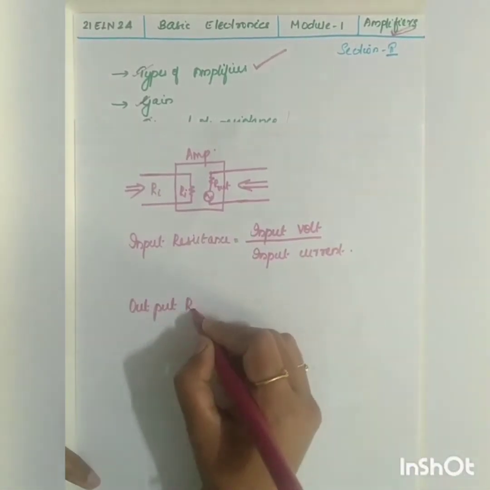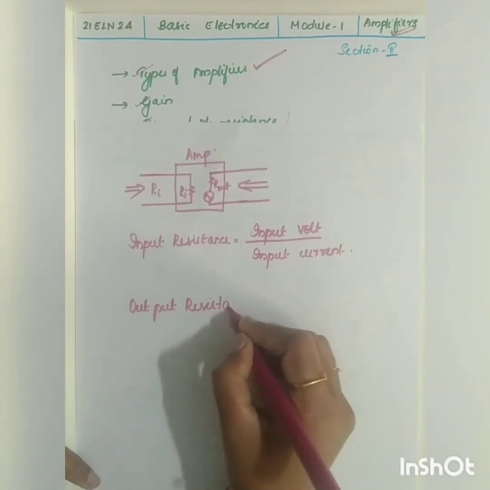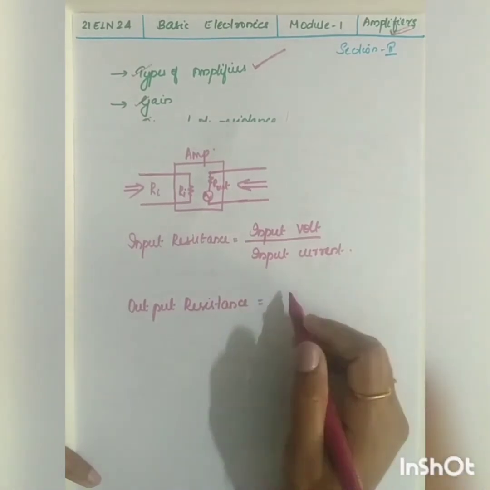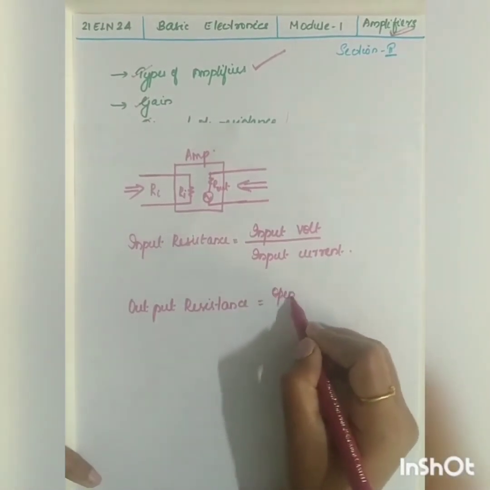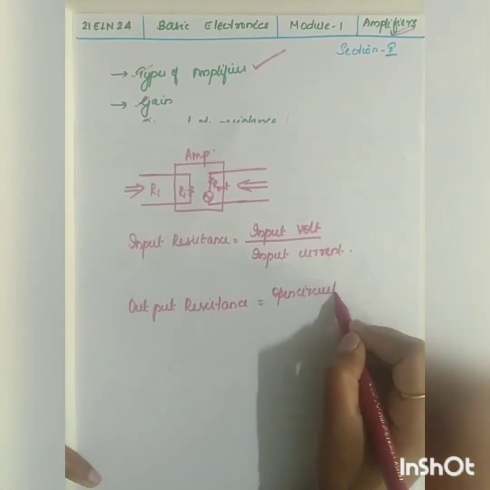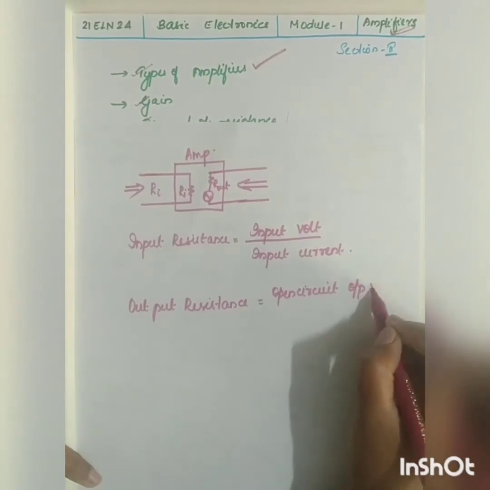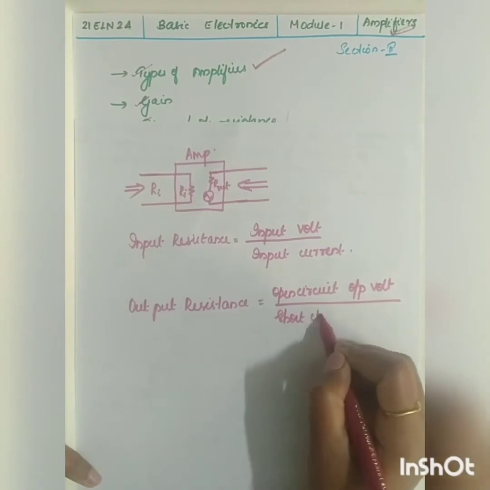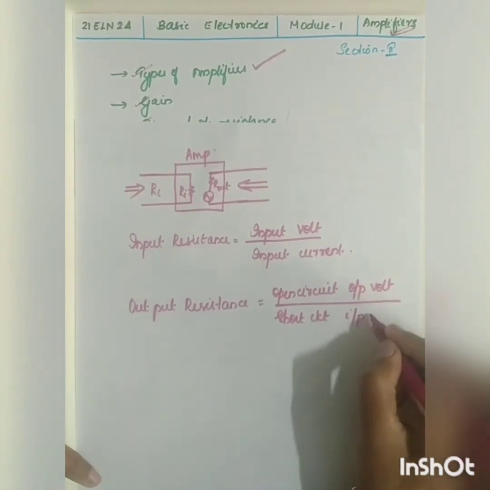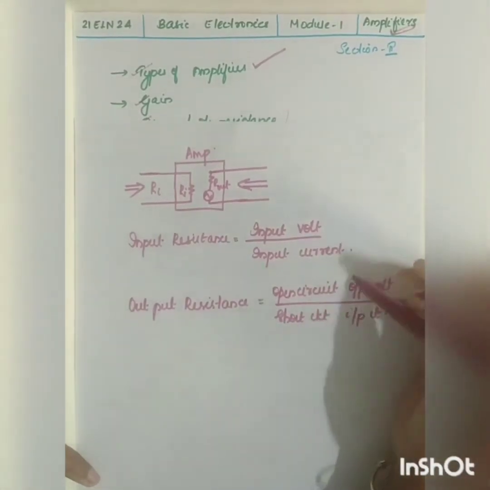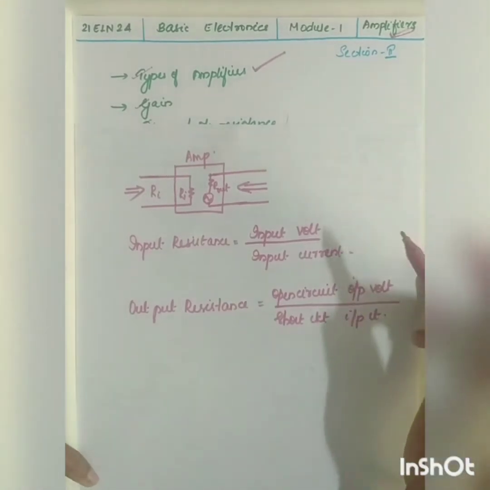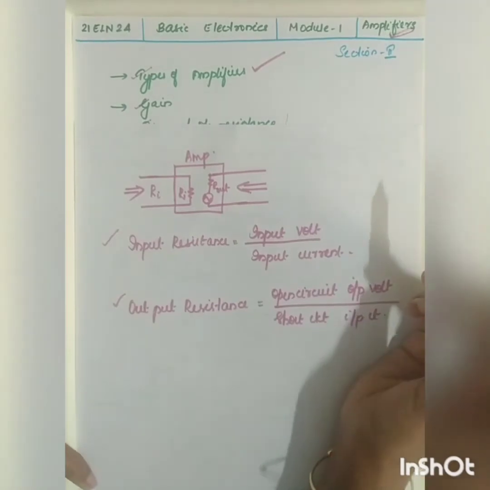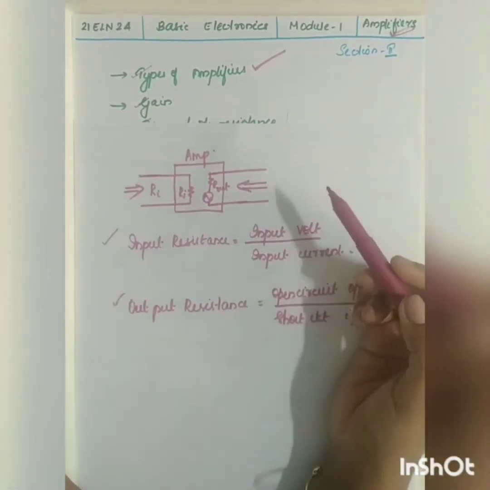Again resistance is voltage divided by current, so I can write the open circuit output voltage to the short circuit input current. In both cases it is nothing but voltage and current. These two conditions apply if the amplifier is purely resistive.